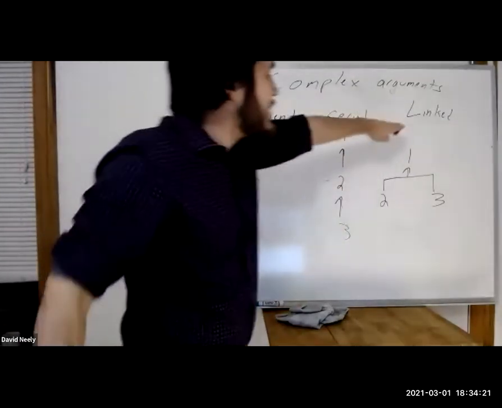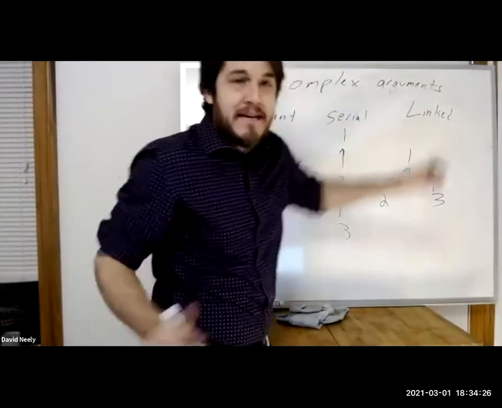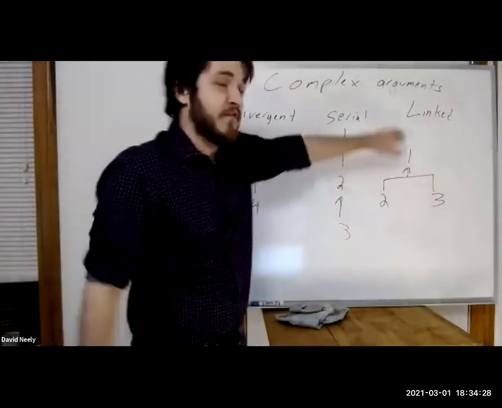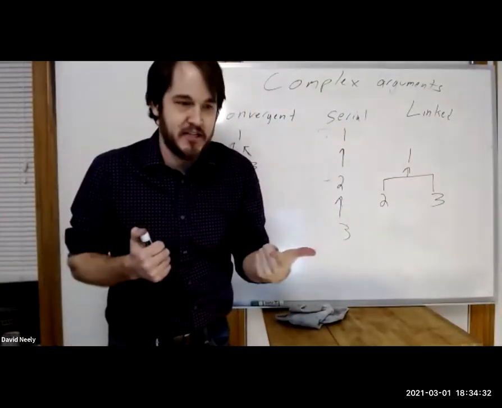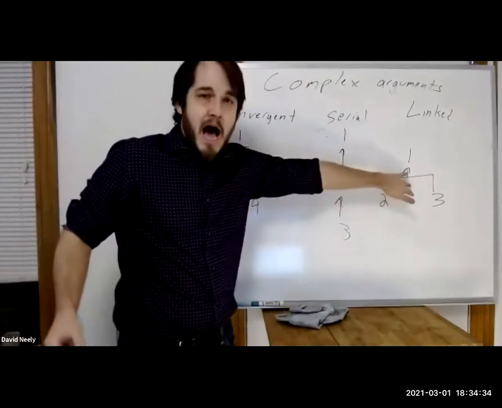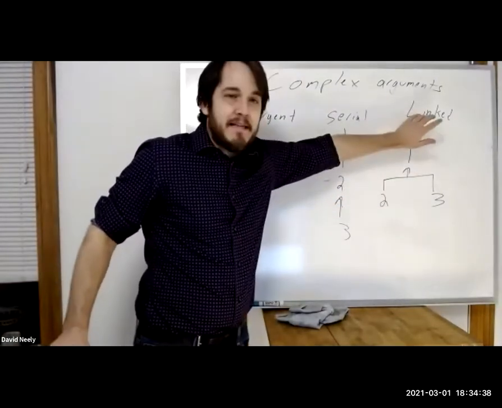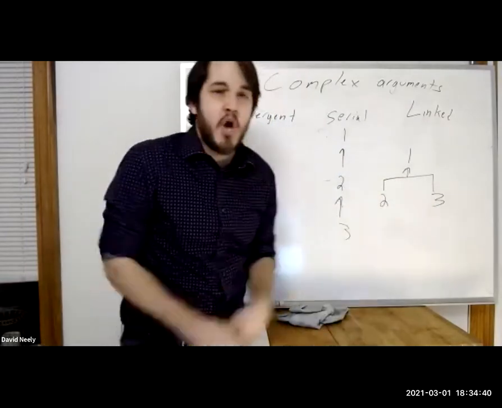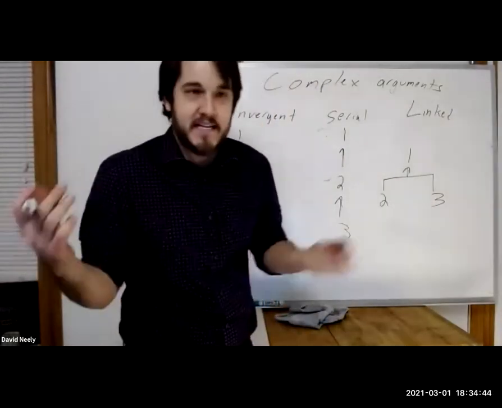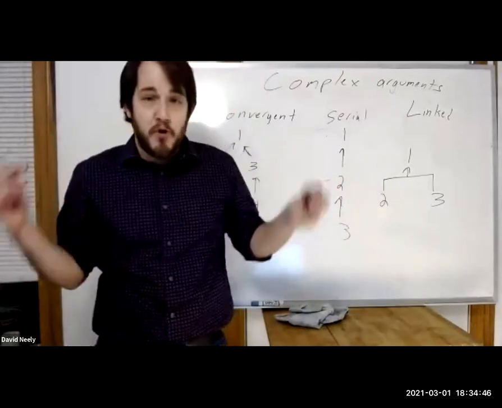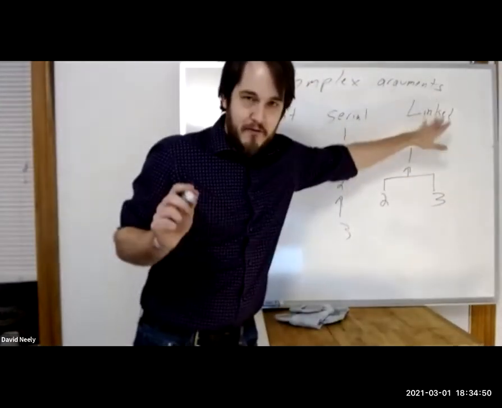All right, the final one are linked premises. And these are the sorts of things we've been dealing with in class thus far. Things like modus ponens, disjunctive syllogism, hypothetical syllogism. What does it mean for two premises to be linked? It means that by themselves, they do not make a reason to believe some other thing. But if you put them together, they give you a reason to believe some other thing.